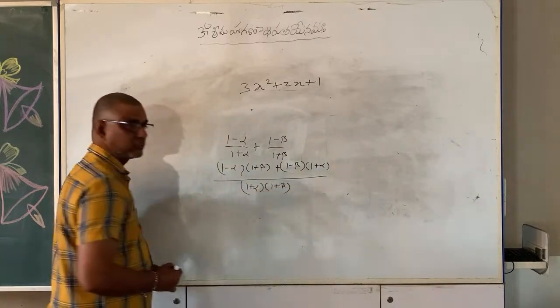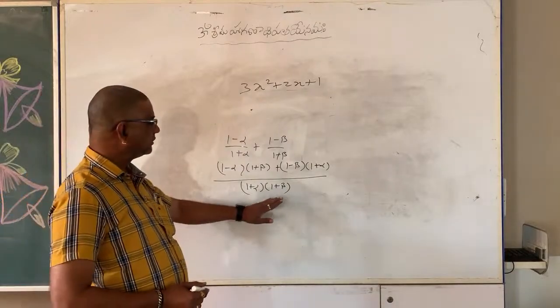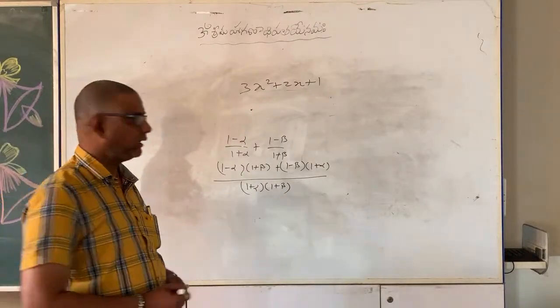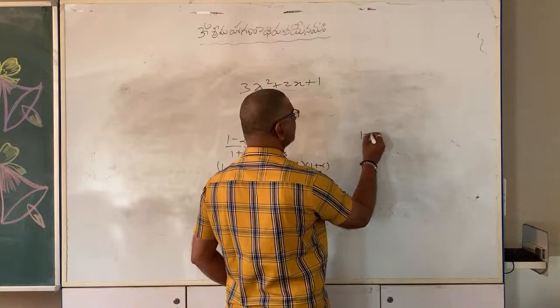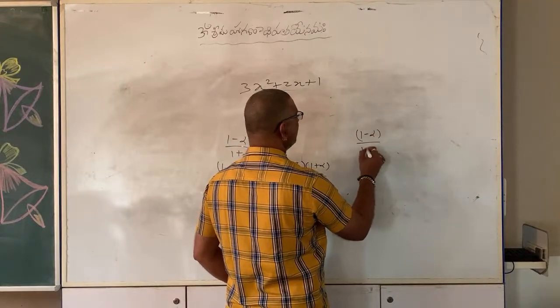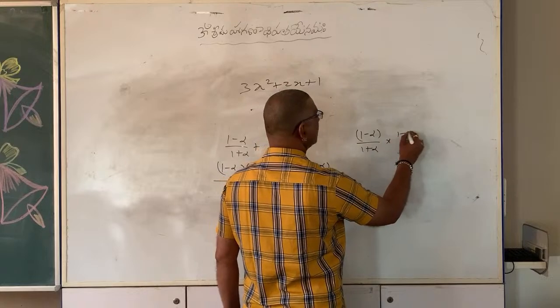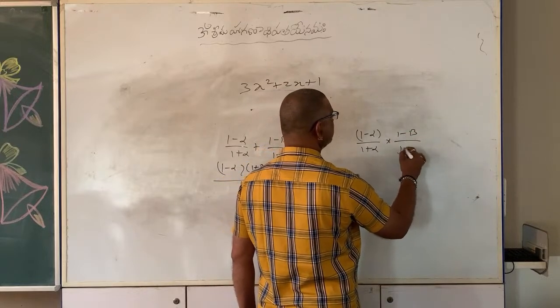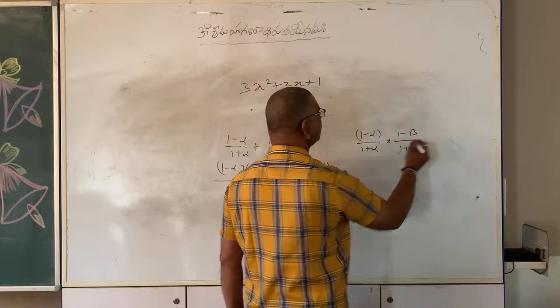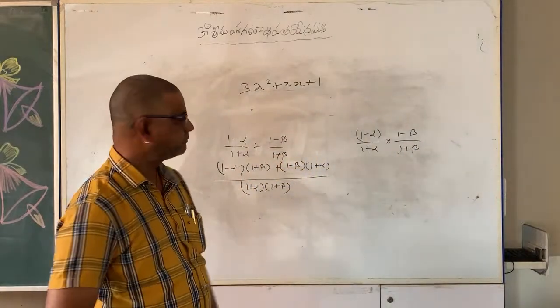This is the sum of zeros of the new polynomial. And the product of zeros is 1 minus alpha by 1 plus alpha into 1 minus beta by 1 plus beta. This is the product of zeros of the new polynomial.